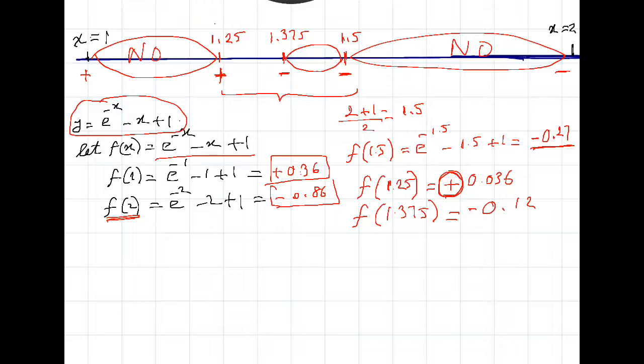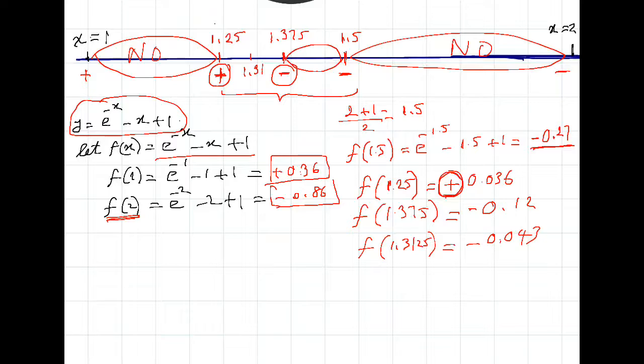So the root lies between the positive and the negative. And let's take another midpoint value, and this time it is 1.25 plus 1.375. The mid value here is 1.3125, and we do the same again. The function of 1.3125 is going to give us a minus 0.043.